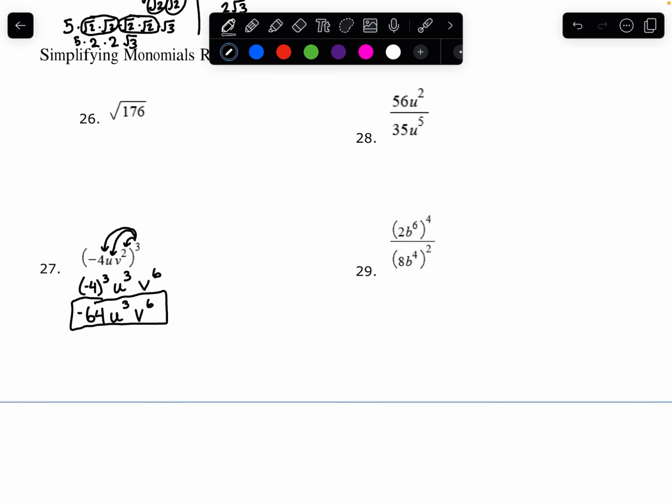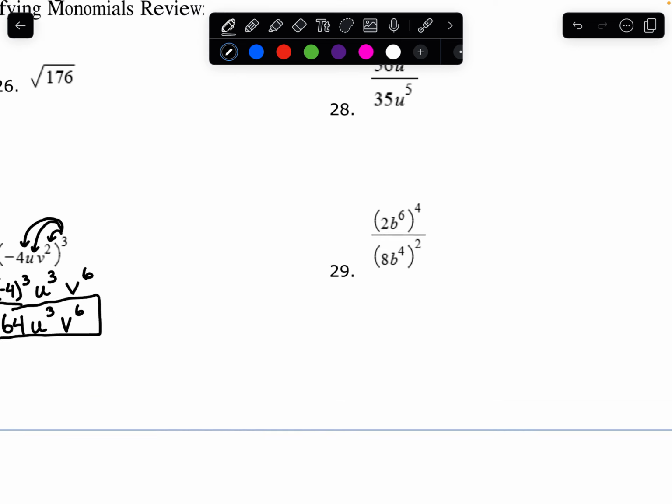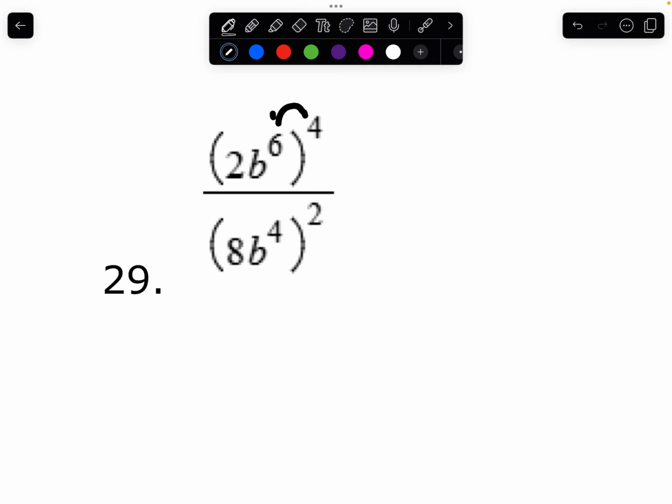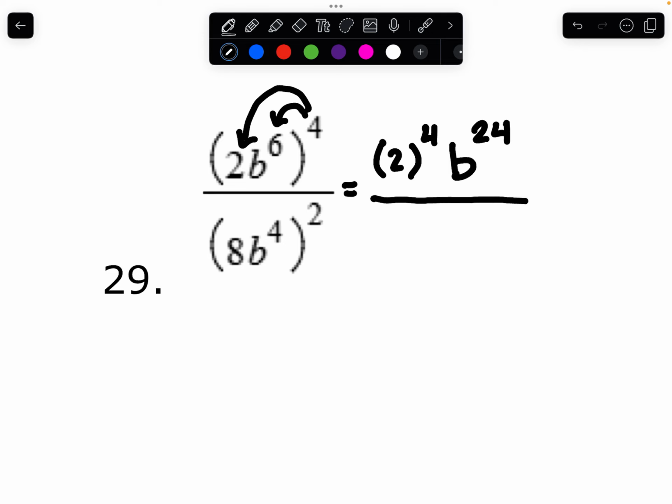Okay. And then 29 kind of combines 28 and 27. So just a reminder here, right? Again, I'm going to do power of a power first. So I have 2 to the 4th power times b, and then 6 times 4 is 24. And then I do the same thing on the bottom, right?